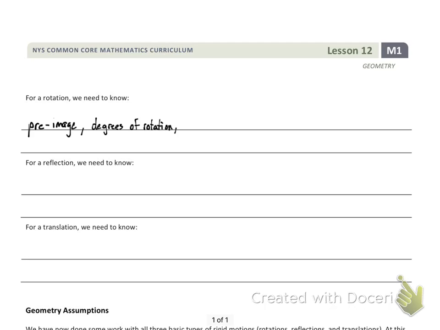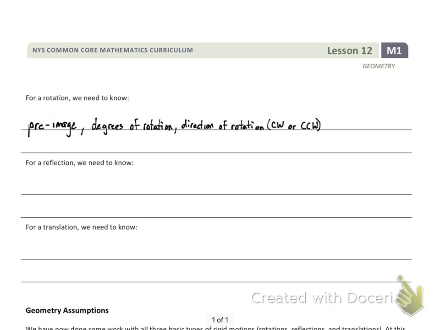Next, we need to know the direction of rotation. And in parentheses here, I'm just going to put clockwise or counterclockwise, and I just abbreviated that. If you need to write out what that means, please do.